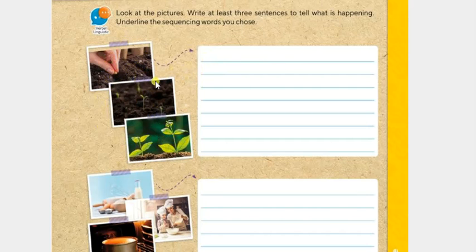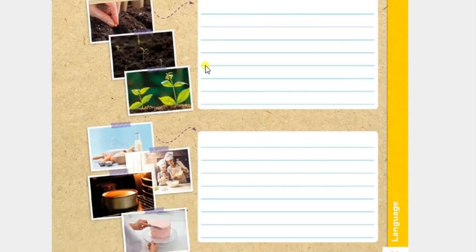You have to write the correct sentences. It says write at least 3 sentences. Okay? And the second one is the same, okay? This is the story, and you have to write it here with the sequencing words.